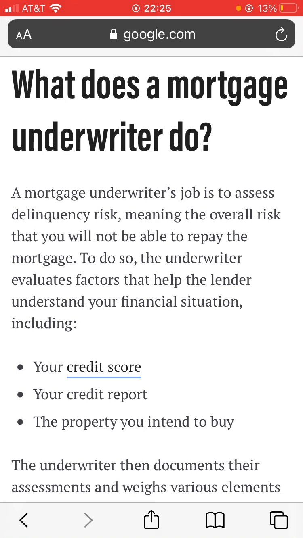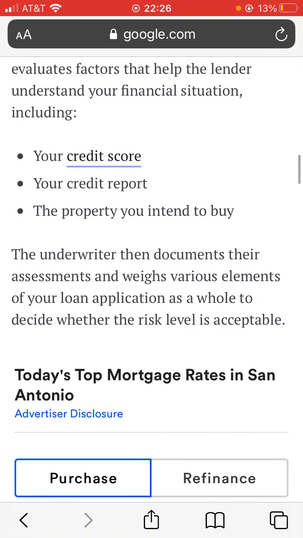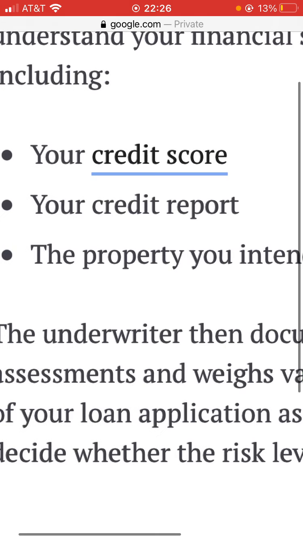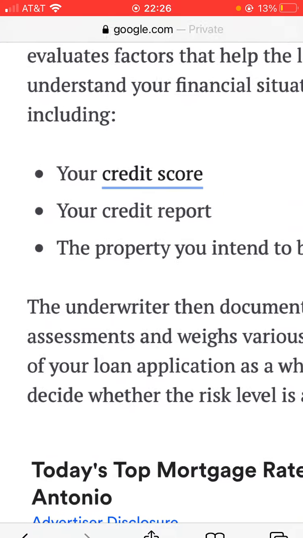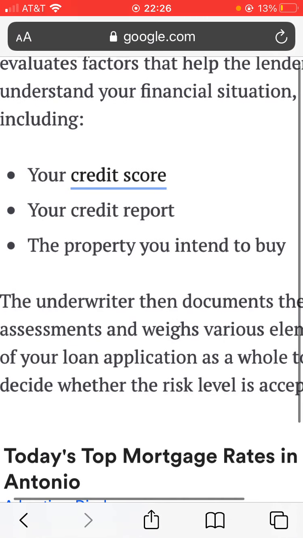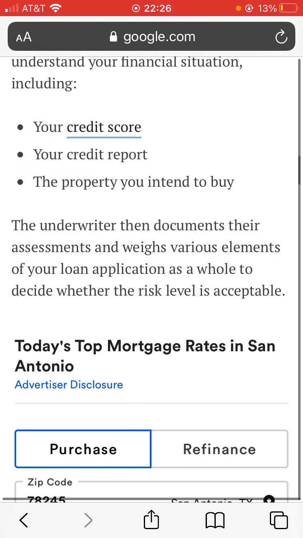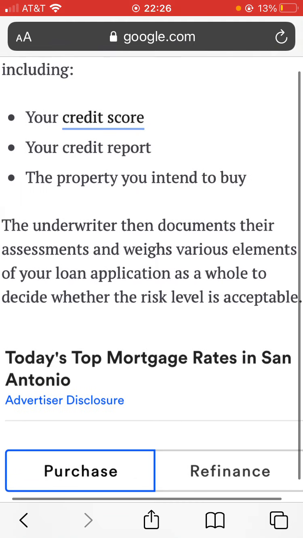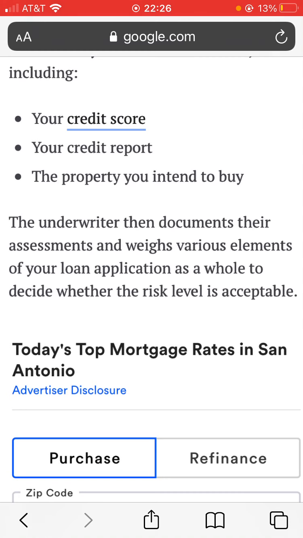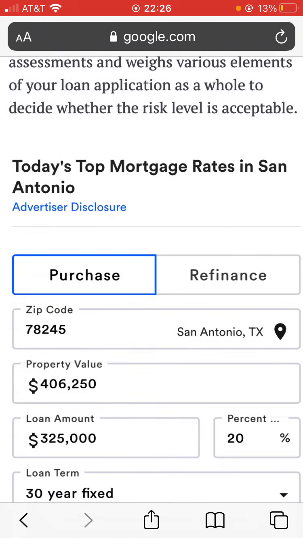To do so, the underwriter evaluates factors that help the lender understand your financial situation, including your credit score, your credit report, and the property you intend to buy. The underwriter then documents their assessments and weighs various elements of your loan application as a whole to decide whether the risk level is acceptable.